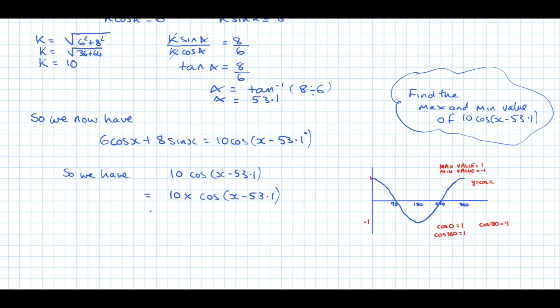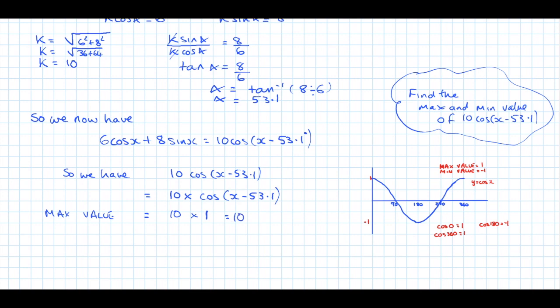So if we were asked what is the maximum that this can be, it would be 10 times the maximum value of the cosine of an angle. So it's 10 times 1, that would be the maximum value. So the maximum value is 10 times 1 is equal to 10. Now when would that occur?